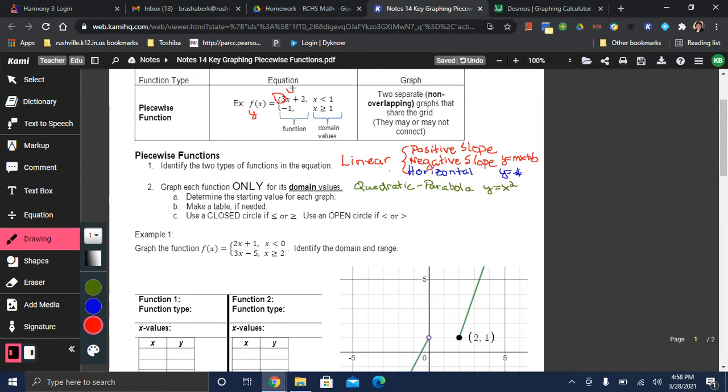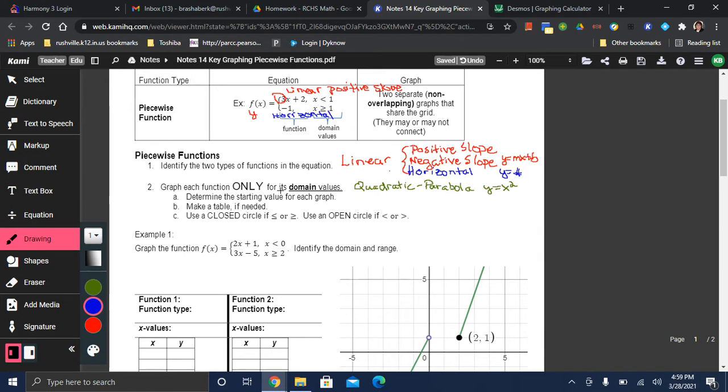So I would choose linear positive slope on this. And then on the bottom one, I have y equals, and then I just have -1. And so for this one, it's just y equals a number. So just a number here, and that's going to be a horizontal function. So this is what we're talking about when we say for you to determine the type of function.